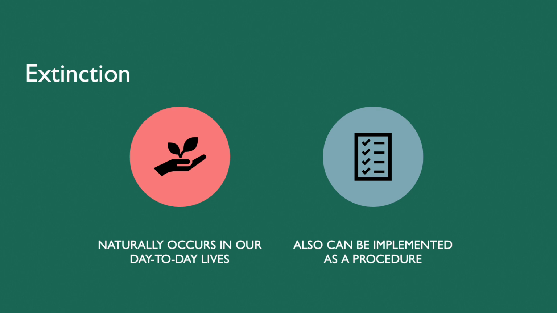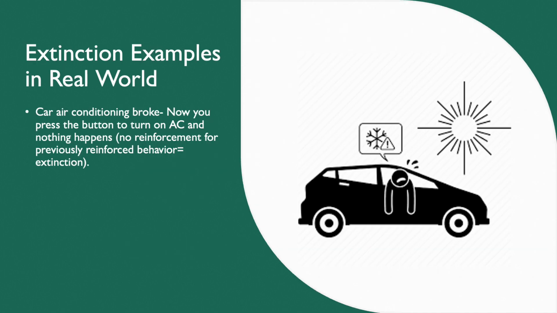And it's not. I've talked about this before, and I'm sure you've heard other instructors mention this. Applied behavior analysis is not just a treatment for individuals with developmental disabilities, but rather it's something that's naturally occurring in our day-to-day lives that has been studied, and these are simply the principles that guide our behaviors. Okay, so extinction is naturally occurring in our day-to-day lives. I'll give you some examples of that in the next slide. Okay, so here is a real-world example of extinction.